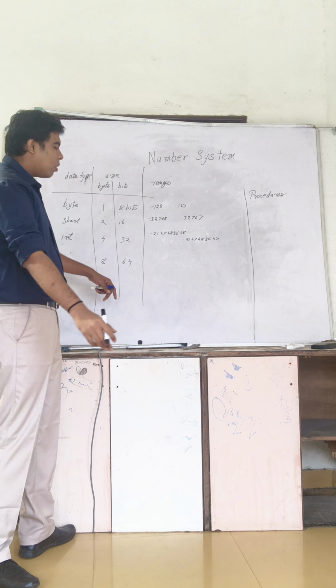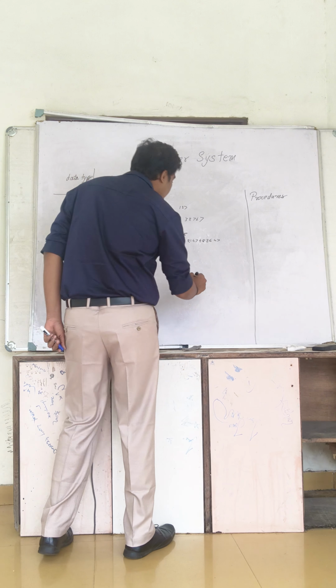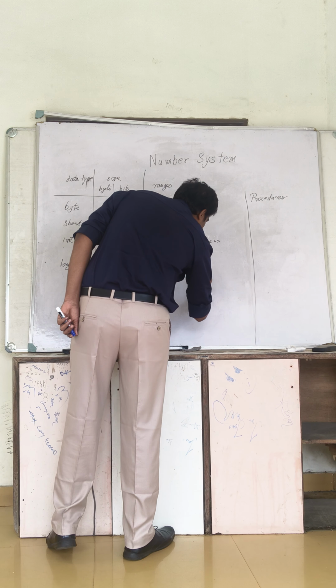And the long value, well, really long. I'm just going to say the max value, which is going to be 9. So you see how big the long value actually gets.